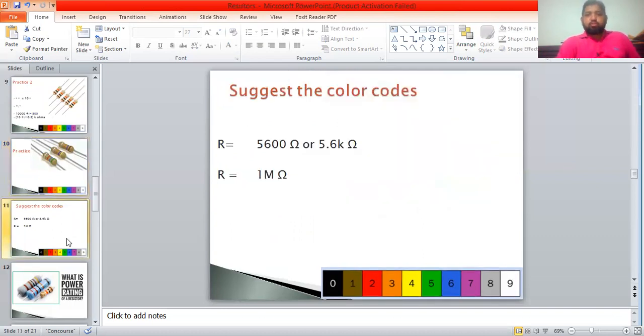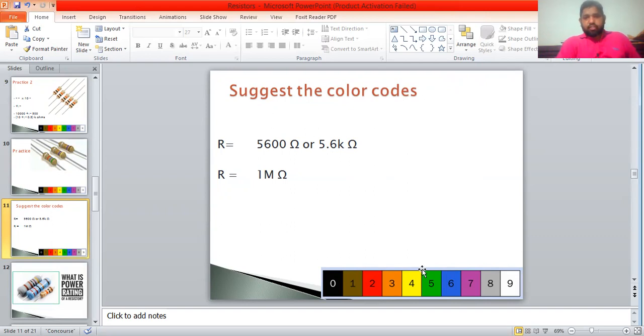Next, we can also be asked to code a resistor, like if the value is given and we are asked to suggest the color codes for that resistor. So for example, if we are given a resistor of 5600 ohms or 5.6 kilo ohms and we are asked to suggest three color bands for the value of this resistance.